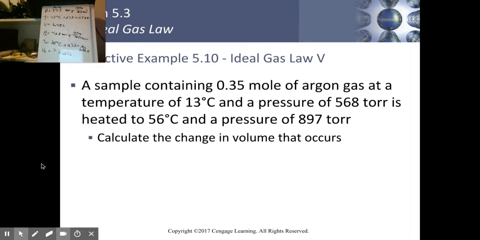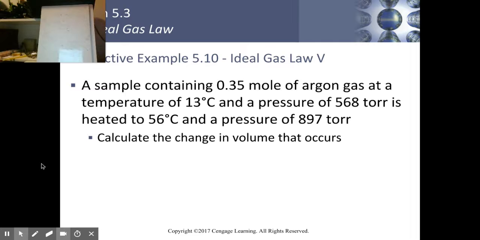All right. So I'm going to take a break from the textbook problems, and I'm going to give you a very basic ideal gas law problem from another textbook or experience. Okay.